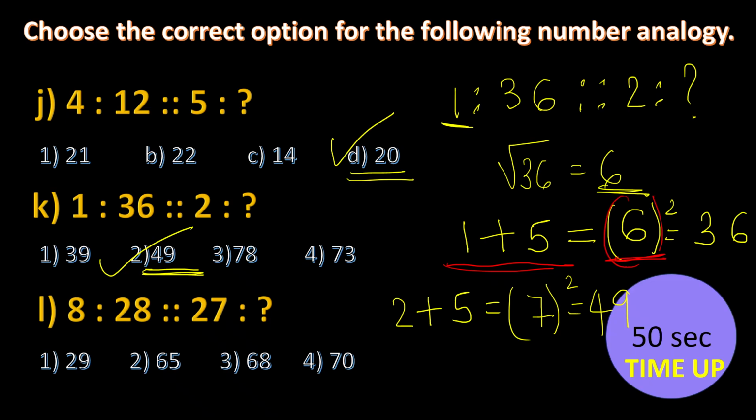So 6 square because 36 is there. So 6 square is 36. Okay. Same logic I'll apply here. 2 plus 5 I did because 1 plus 5 I did. So 2 plus 5 I will do which will give you 7. So 7 square is what? 49. So 49 is your answer. Okay. Next one.